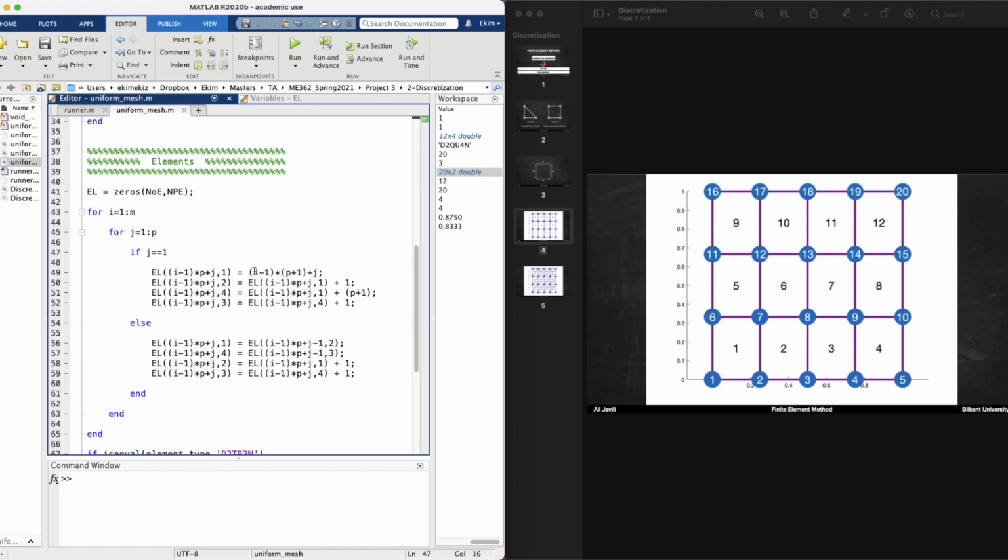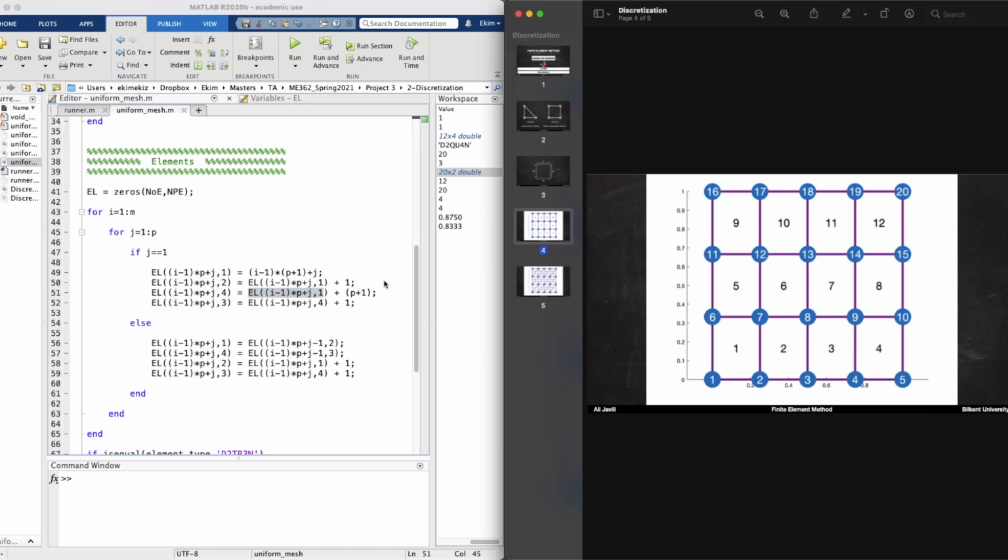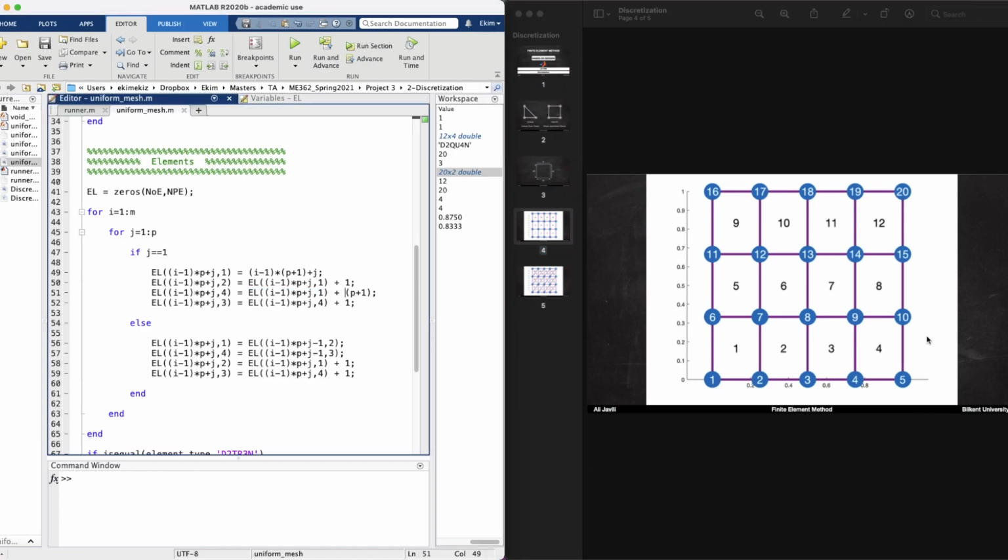So this i minus 1 should just be i now. So this is exactly what we have here. But we don't have to write it like that. We can also write it like the node we have here plus p plus 1. So we have skipped p plus 1 here, okay?